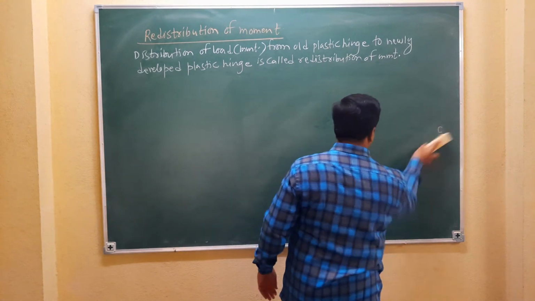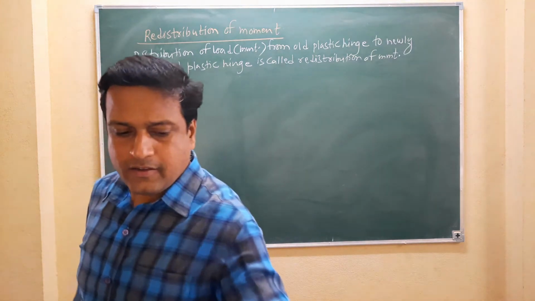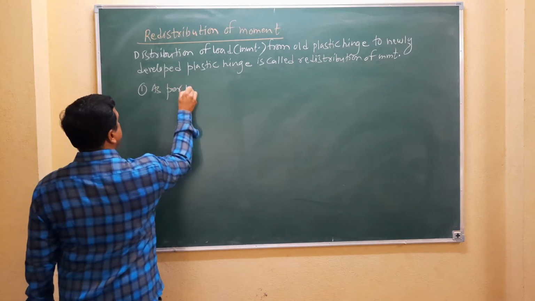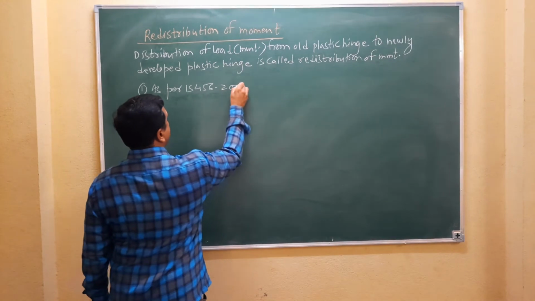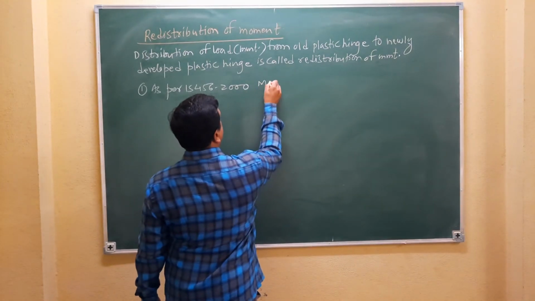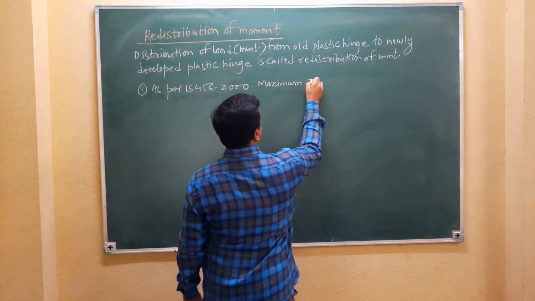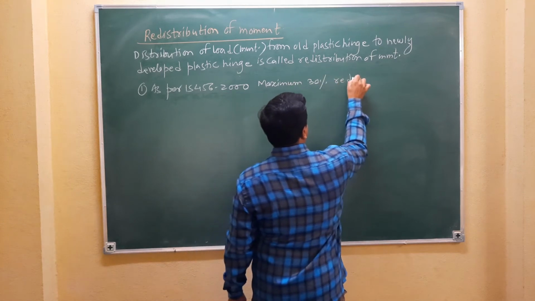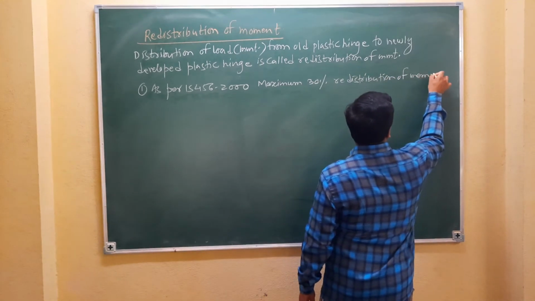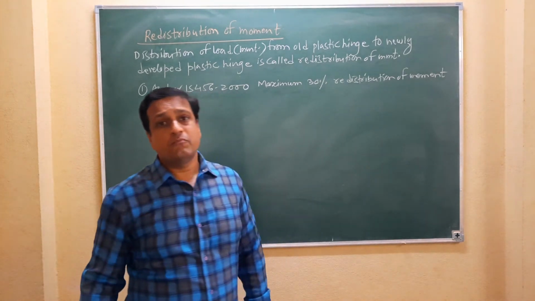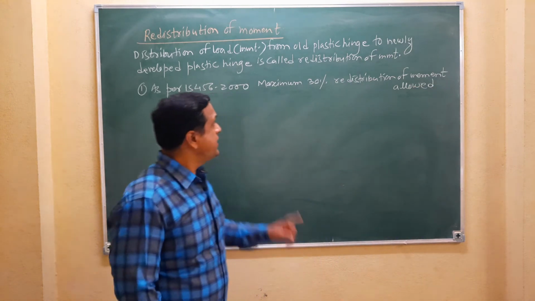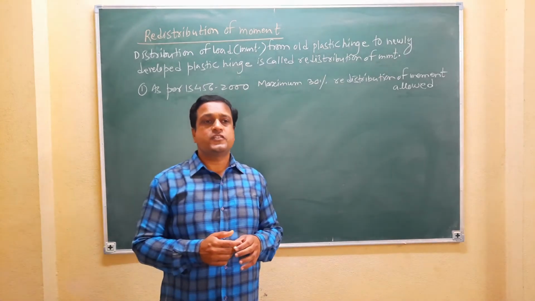As per the IS 456-2000 version, the first point is: maximum 30% redistribution of moment is allowed.